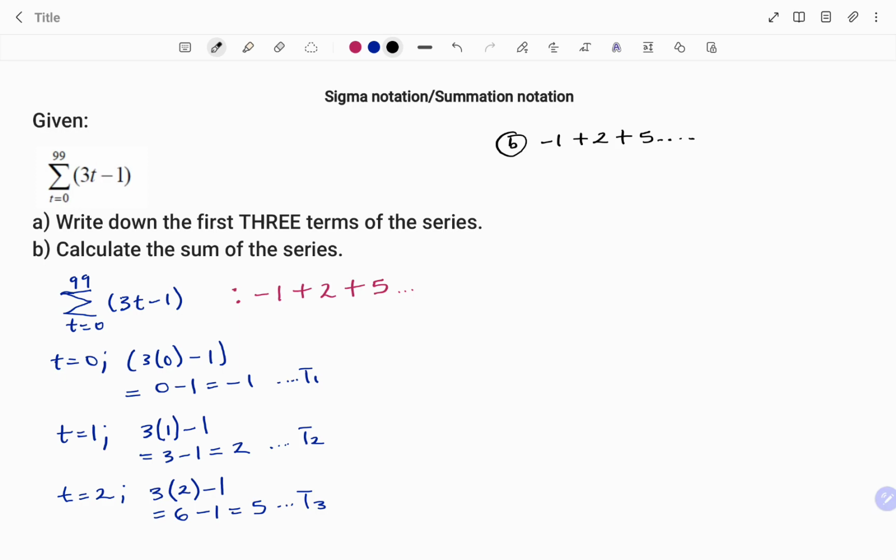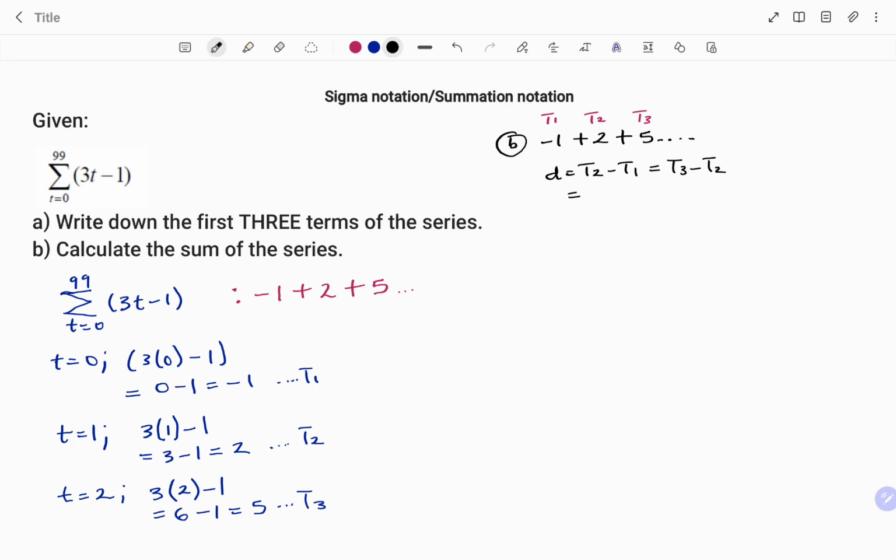To know if it's an arithmetic series, we need to find the common difference. The common difference D will be our t2 minus t1, which is also equal to our t3 minus t2. Remember, this is our t1, this is our second term, and this is our third term.